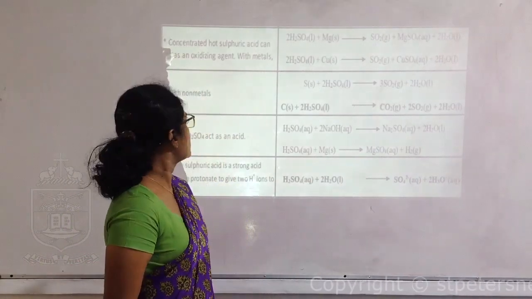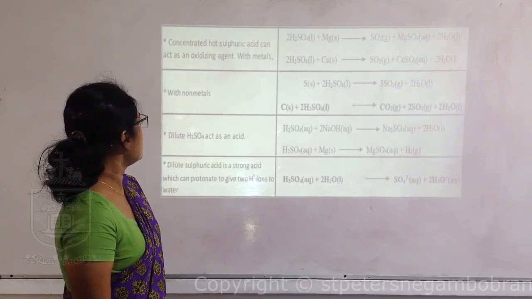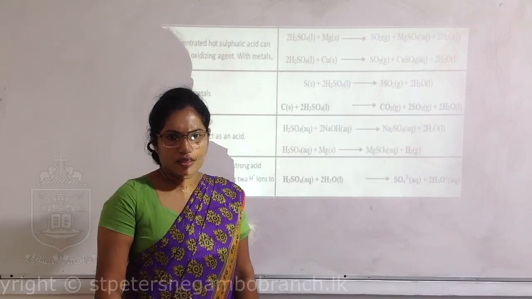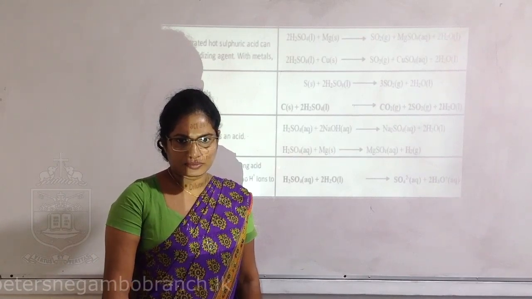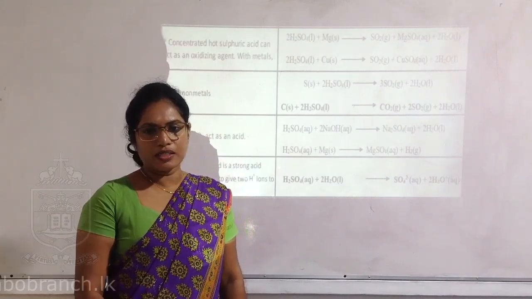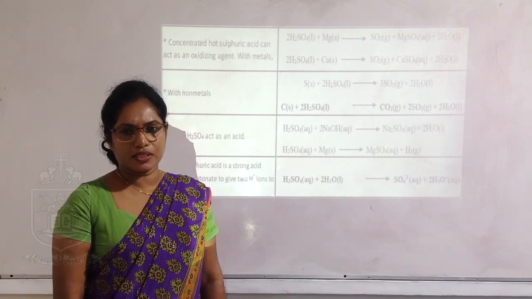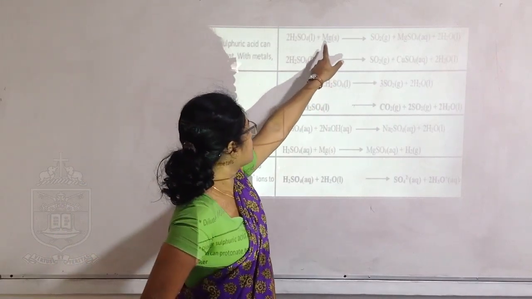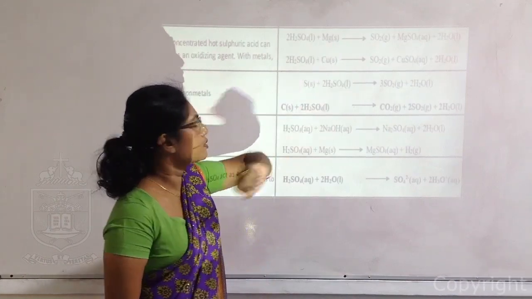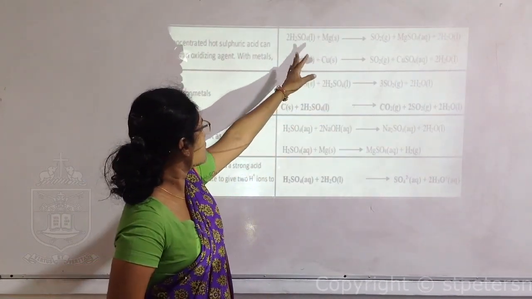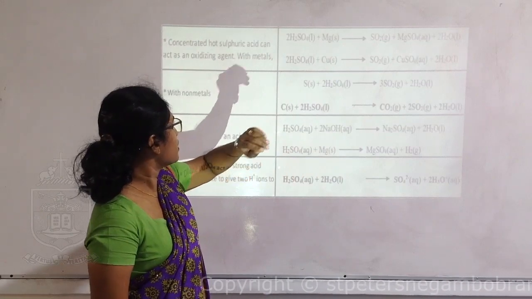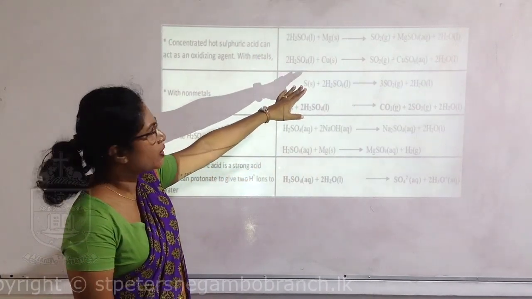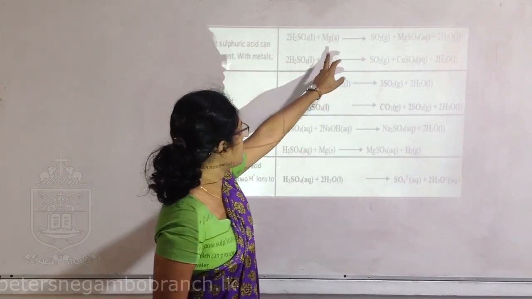If we take the reactions, concentrated hot sulfuric acid can act as an oxidizing agent with metals. There are two examples. Magnesium and copper are metals that react with sulfuric acid, and sulfuric acid reacts as an oxidizing agent.